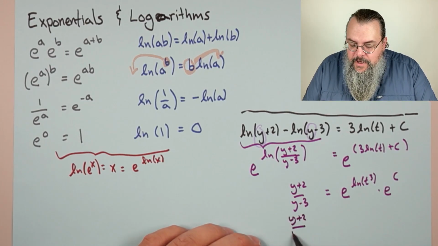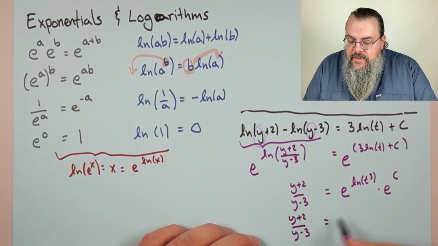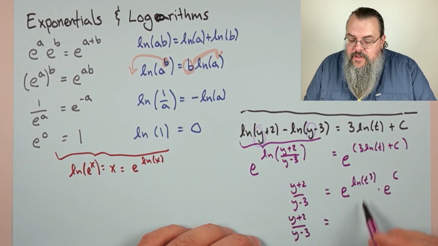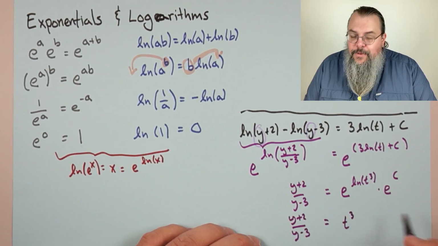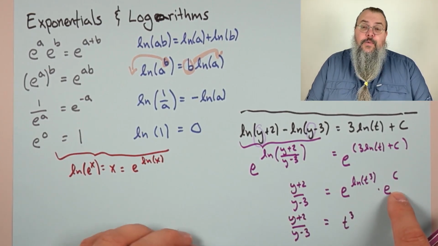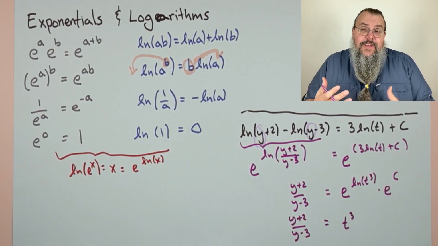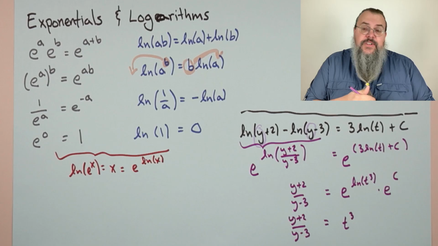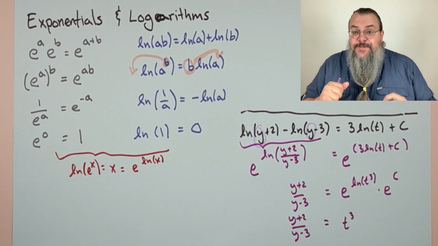Y plus 2 over y minus 3. The e to log t cubed, like we saw before, becomes t cubed. Now, what to do with this e to the c? We can leave it as e to the c, but when we write c here, it's understood that c represents a constant.